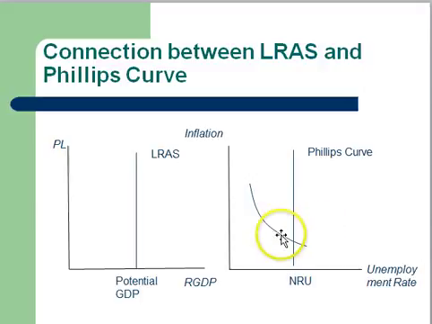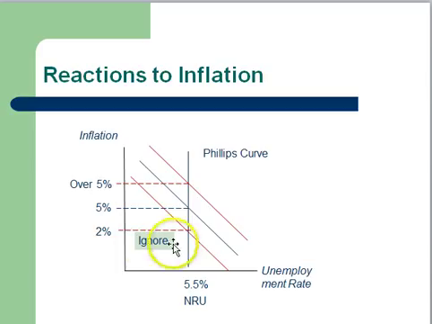In this particular example, we're going to look at them as just straight lines. This straight line reflects the natural rate of unemployment, and then we would plot the relationship between unemployment and inflation on these.